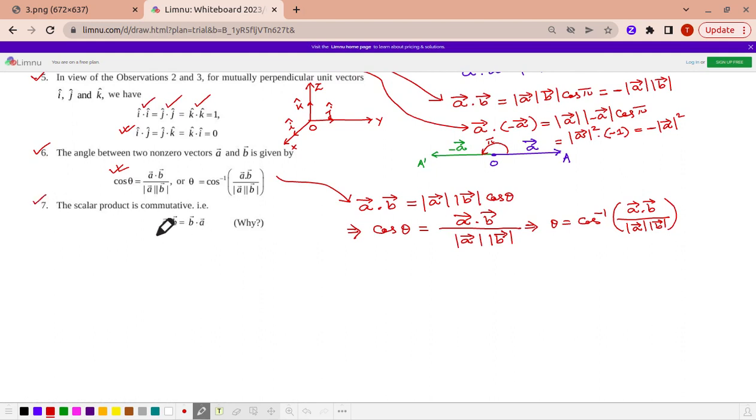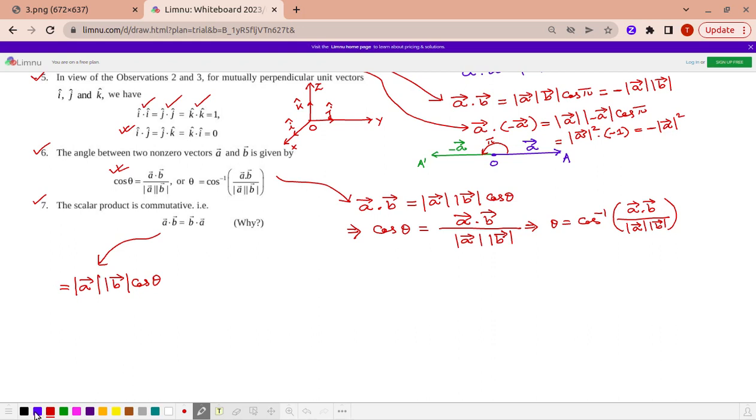So what is A dot B, dear students? If you recall, A dot B is equal to mod A into mod B into cos of the angle between the vectors A and B. So let us assume the angle between the vectors A and B is theta. Then we get A dot B equal to mod A into mod B into cos theta.